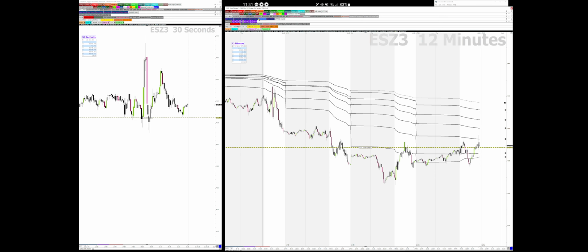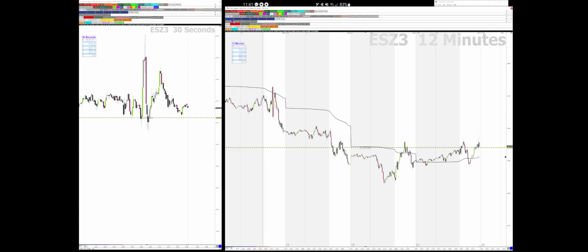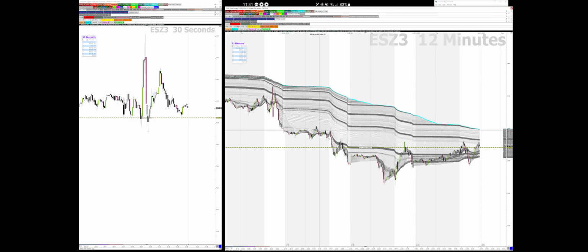And it's worth noting that all of these are redundant. So I flashed my automatic VWAPs.